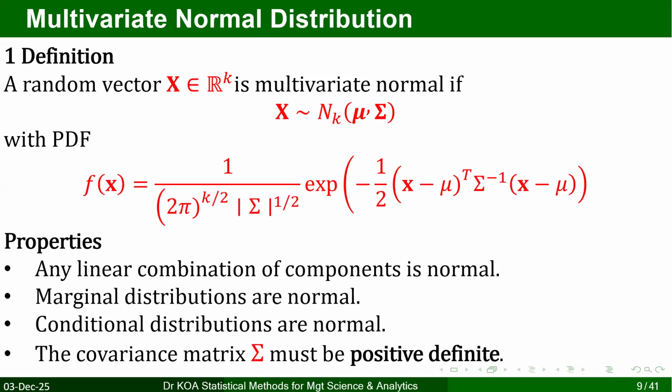You can move from normal to multivariate. A random variable x that is a member of the real positive space is said to have not a normal distribution, but a multivariate normal distribution. If the x is normally distributed, but with multiple dimensions, it is distributed with a mean of mu and a sigma.